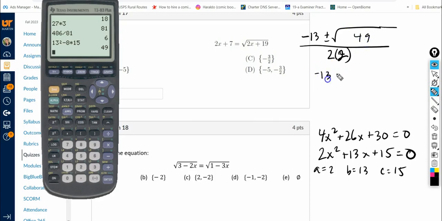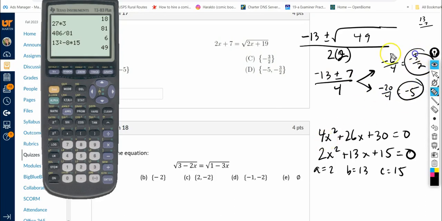So I'm going to have negative 13 plus or minus 7 all over 4. If it's plus 7, I'm going to have negative 6 over 4, which is negative 3/2. And if it's minus 7, I'm going to get negative 20 over 4, which is negative 5.